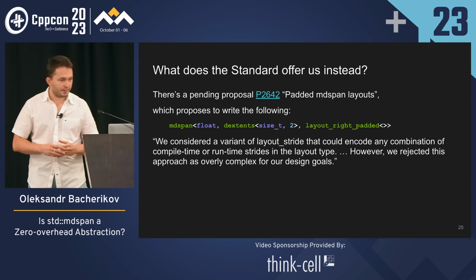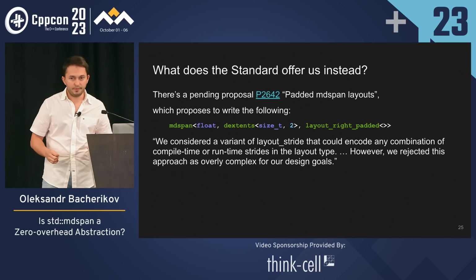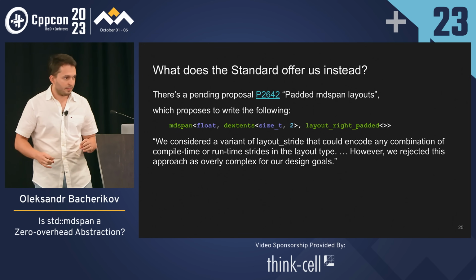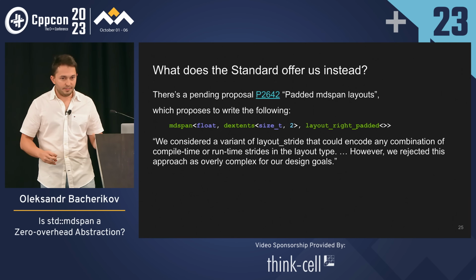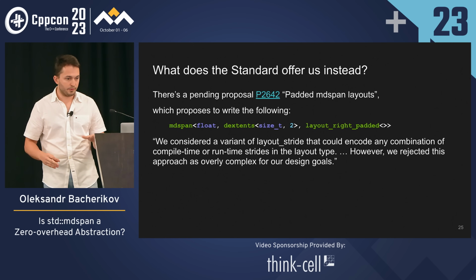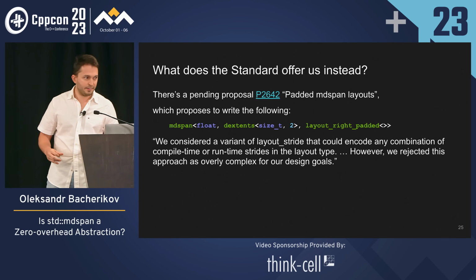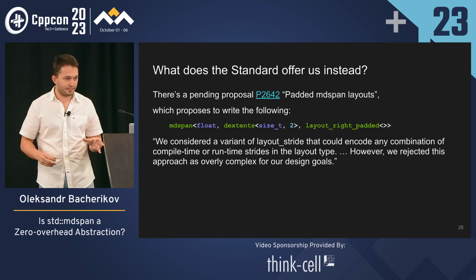So what are the alternatives? There's a pending proposal called padded mdspan layout. And I didn't read it too carefully, but from what I understood, it looks like it offers us to write something like this, use layout right padded, and it should add one leading dimension, like add a stride for one leading dimension.